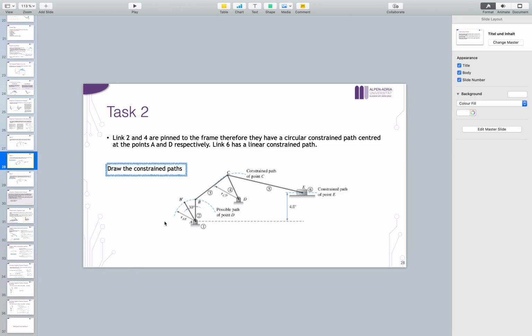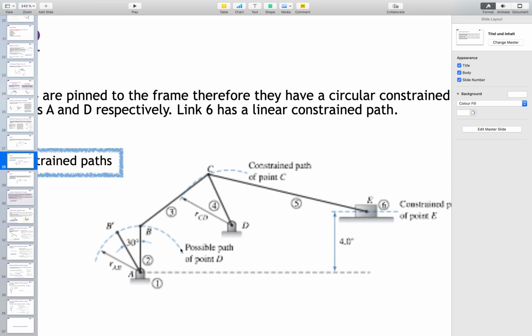The first thing we would do is, starting from the driver, we draw our first arc, because we know that this is displaced by 30 degrees. We know that this dimension doesn't change, so this is our first arc. Then, of course, we can also draw the second arc here, and we draw this line because we know that the movement of this point is along this line.